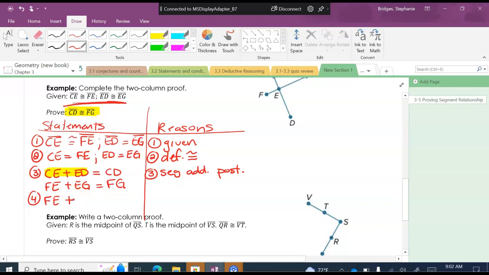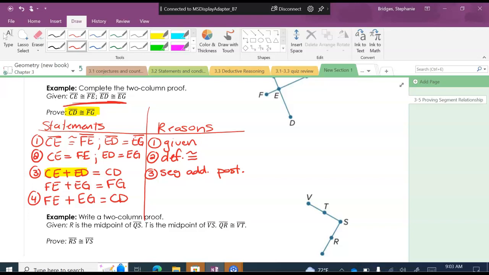And then, in that same statement, if I wanted to replace ED, what else does ED equal? EG. Okay, and I'm not replacing the CD. I just replaced the highlighted portions. I replaced the CE and I replaced the ED. Is everybody okay with that?